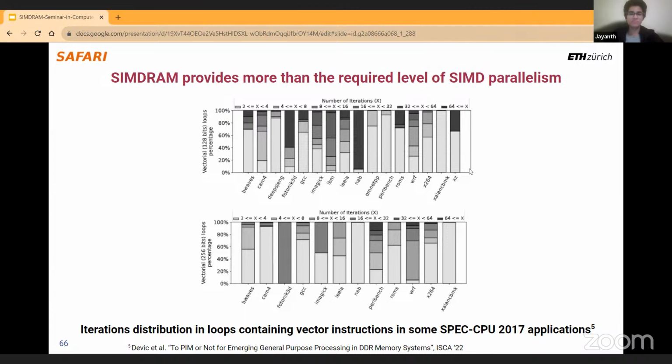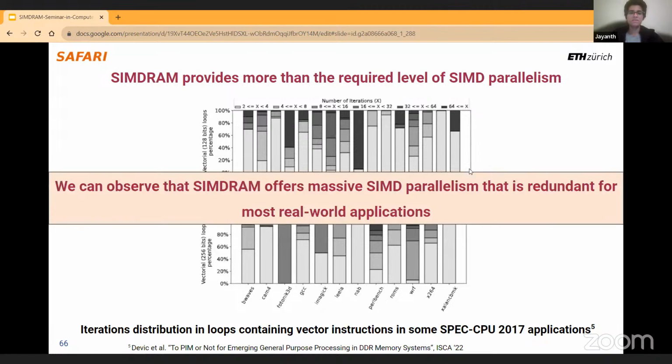If we carefully observe these plots, we can see that the percentage of applications that need massive levels of SIMD parallelism is very limited, and SIMDRAM offers massive SIMD parallelism. So that could be redundant for most of the real-world applications that we see here.